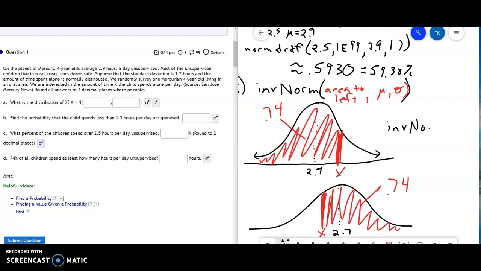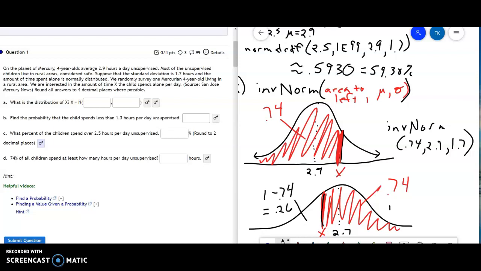So inverse norm, if I was looking for this x value right here, the area to the left of it would be 0.74. Whereas if the bottom picture was the picture that was appropriate, the area to the left would be this area, which is 1 minus 0.74, which is 0.26.